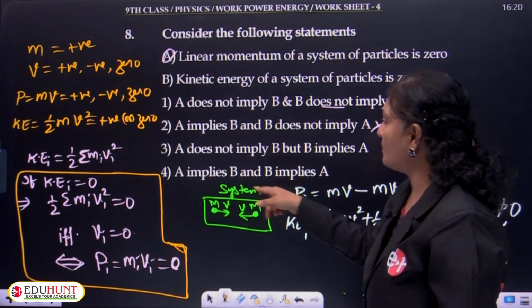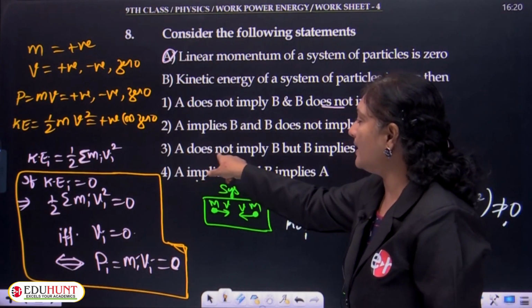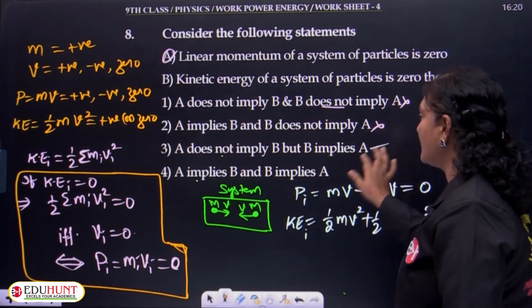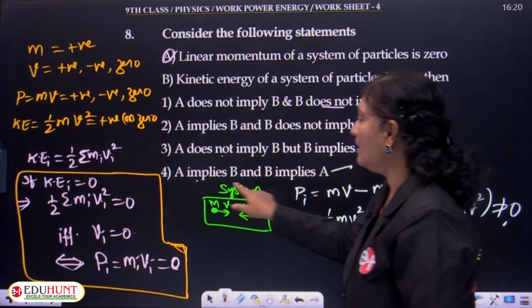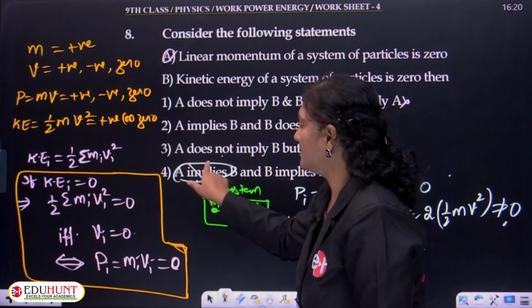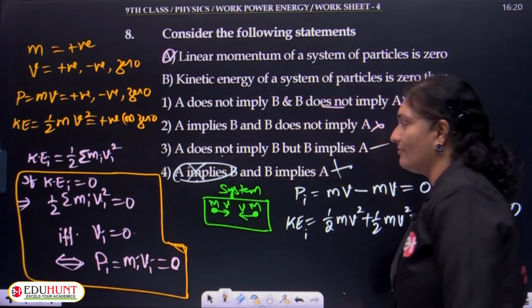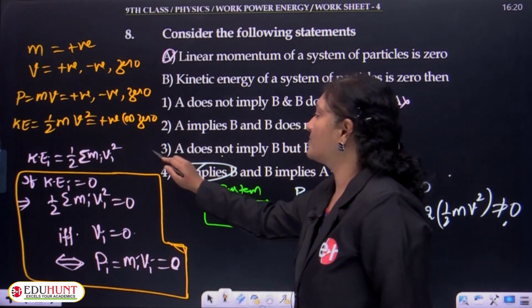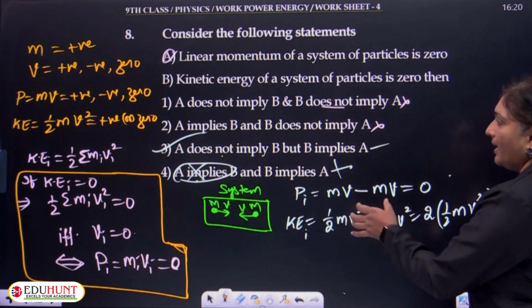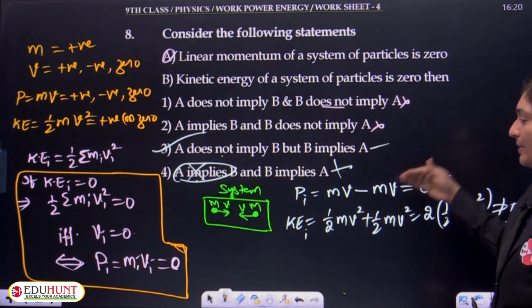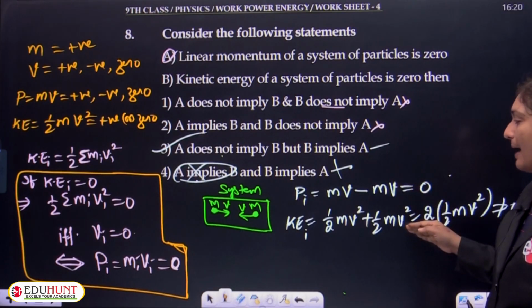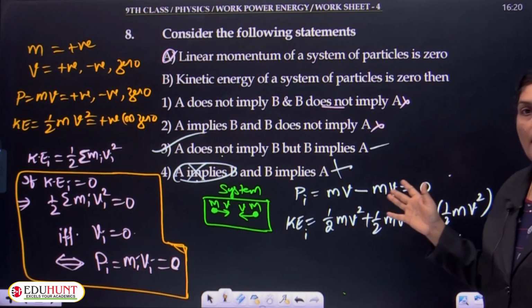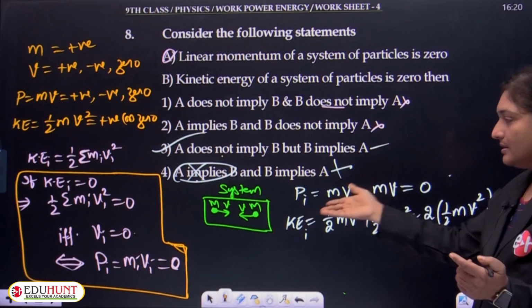So where is the correct option? Here it was given as A implies B, and here A does not imply B. As earlier we said that both statements are true, but here this statement is false. Hence, this must be false. So the only correct option is that if momentum happens to be 0, kinetic energy is not necessarily 0.